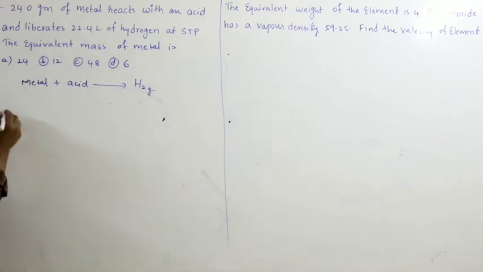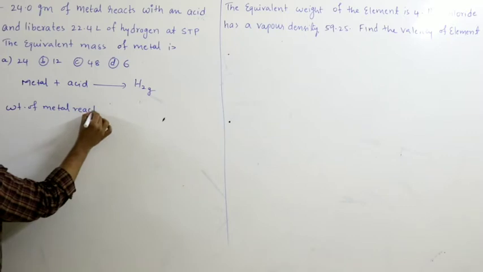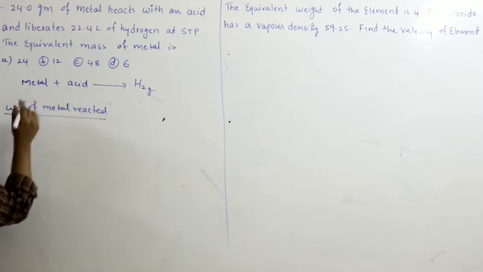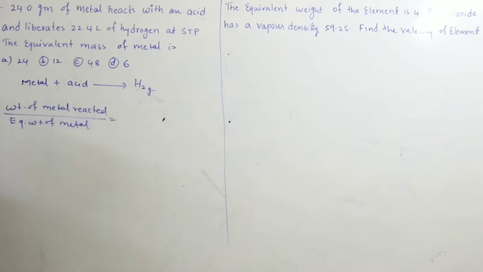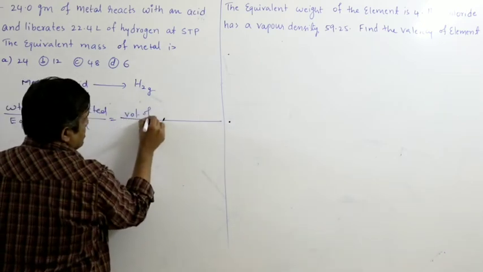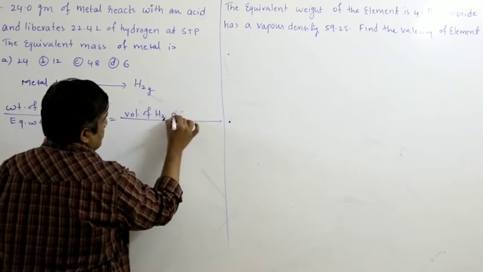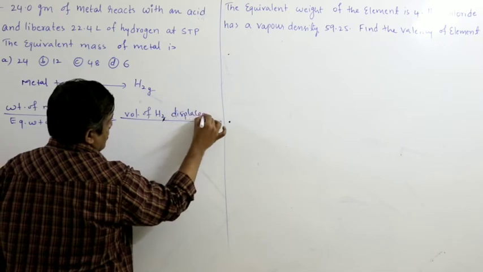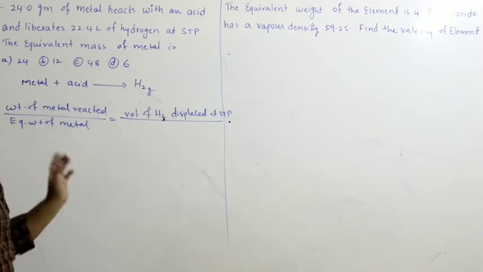So I can use this formula, the number of gram equivalents of metal reacted, that is weight by equivalent weight of metal, equal to, here instead of mass, volume is given: volume of hydrogen displaced at STP by, recollect, you have to write equivalent weight.